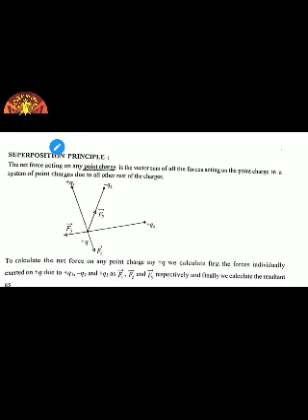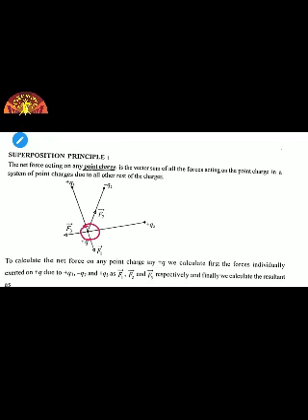Next is the superposition principle, which is a very easy concept. If you have three charges in the medium, q1, q2, q3 together, and you have to find the resultant effect of these three charges on any single point, like at this point, then the net force acting on any point charge is the vector sum of all the forces acting on the point charge in a system of point charges.